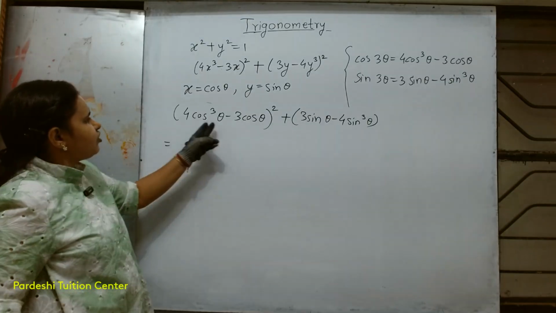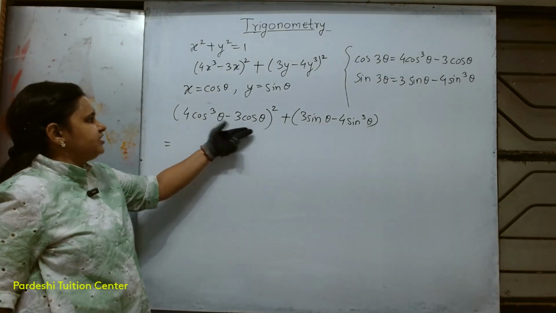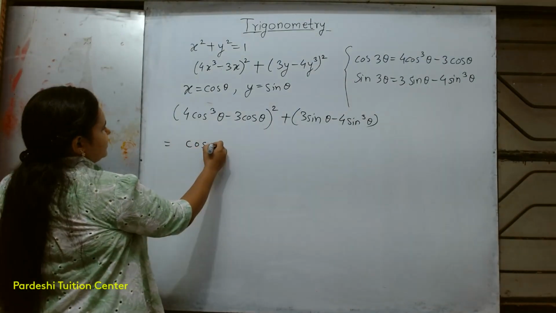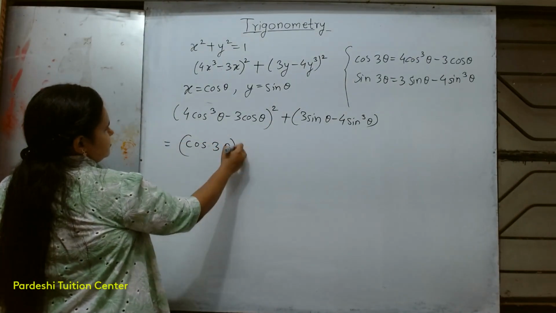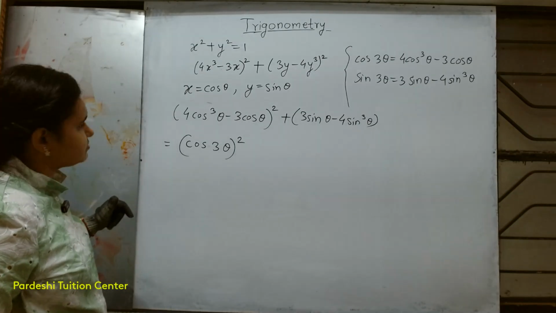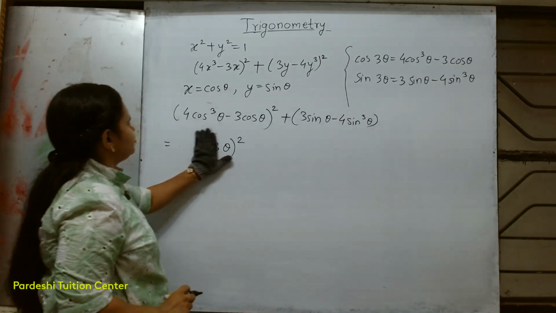So 4 cos cube theta minus 3 cos theta is the formula of cos 3 theta. So I can write cos 3 theta whole square.